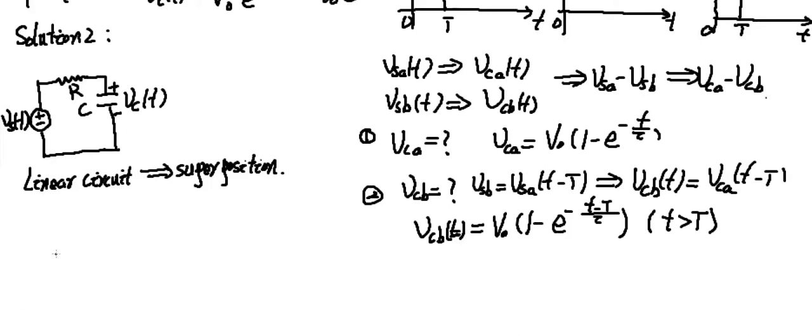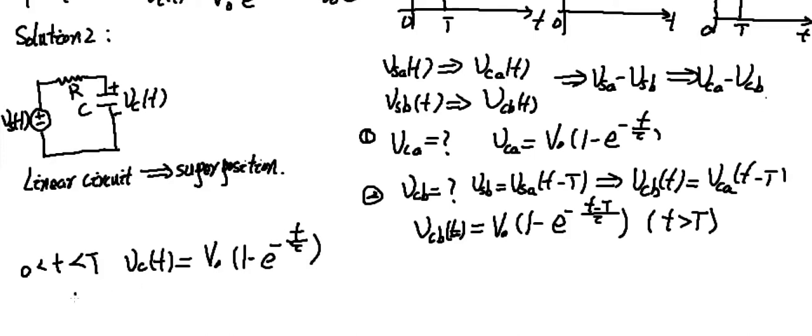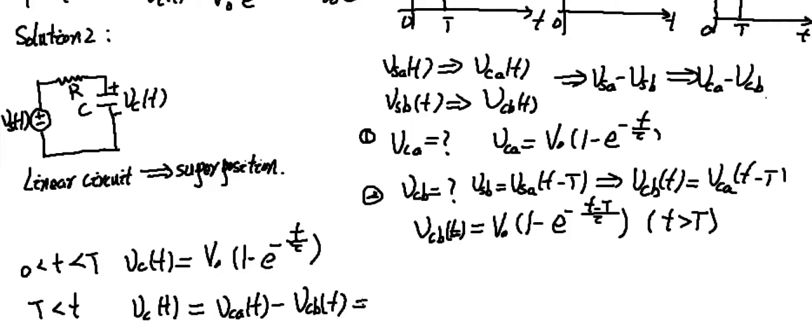First is when t is smaller than capital T, we know the output VC(t) is just VCA(t) plus 0, which is V0 (1 minus e^(-t/tau)). And when t is bigger than capital T, both VCA(t) and VCB(t) are finite. So we get VC(t) equal to VCA(t) minus VCB(t). Let's write it out.